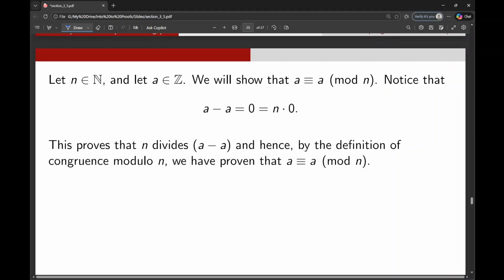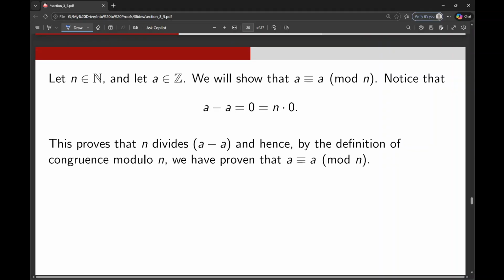Okay, so the reflexive property is almost always the easiest one, but it often involves a little bit of a trick too. So here we go. Let n be a natural number, and let a be an integer. Okay, so then we've assumed the hypothesis. All right, so we will show this.